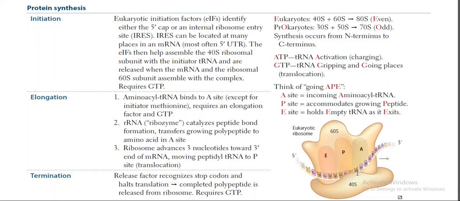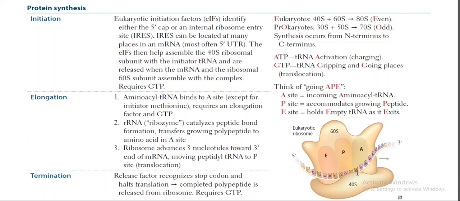Now the amino acid chain is synthesized and the ribosomes keep moving until the stop codon is reached. As the stop codon does not have a complementary tRNA molecule, the polypeptide chain synthesis terminates at the stop codon.